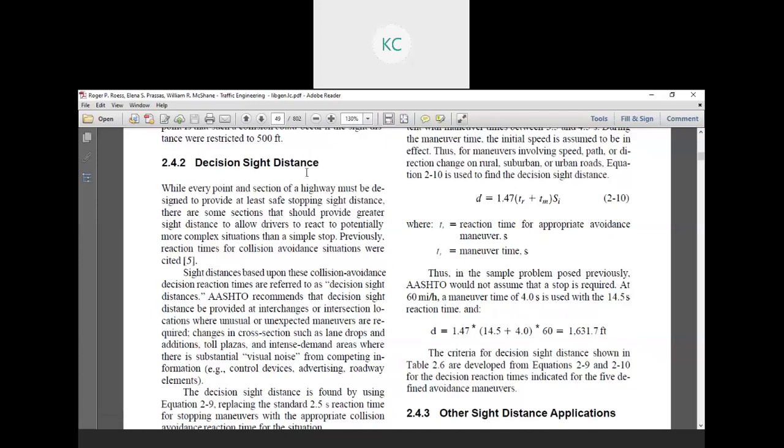So the decision sight distance, or a particularly excessive stopping sight distance, is required at the intersection as well as in locations where there is a high vehicular demand.